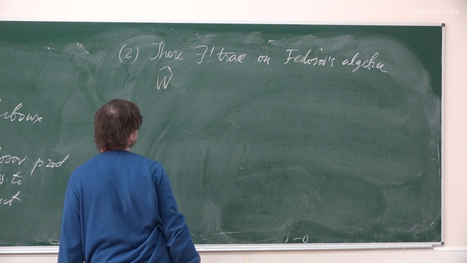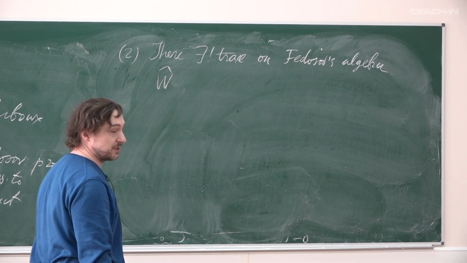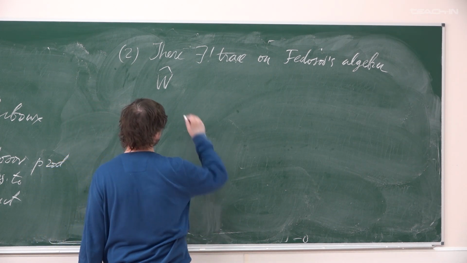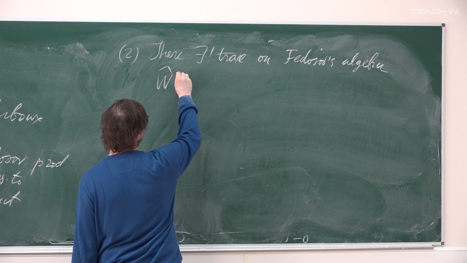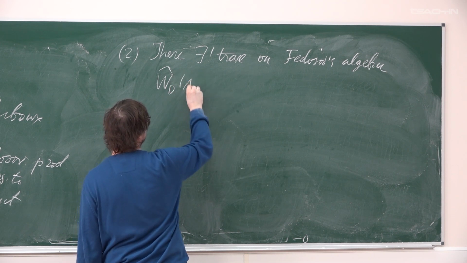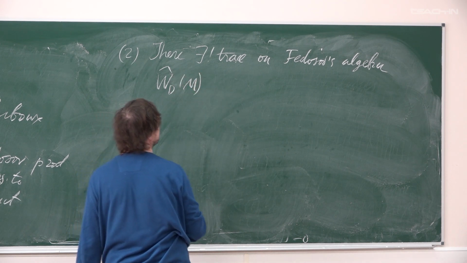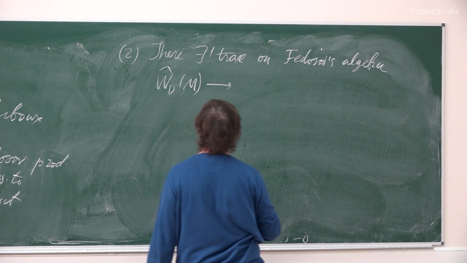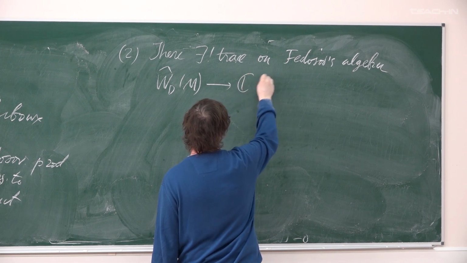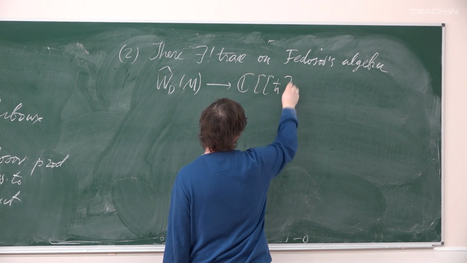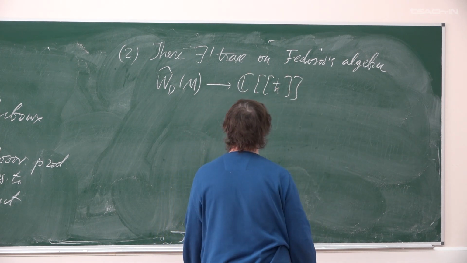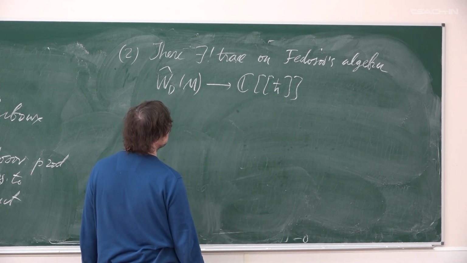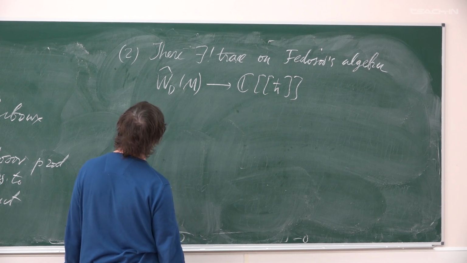Since I identified the space of flat sections with the space of functions with the Fedosov product on M, I can actually consider just the space of flat sections on M. The trace is a map from this space to the space of formal power series with coefficients in ħ, with invertible ħ.